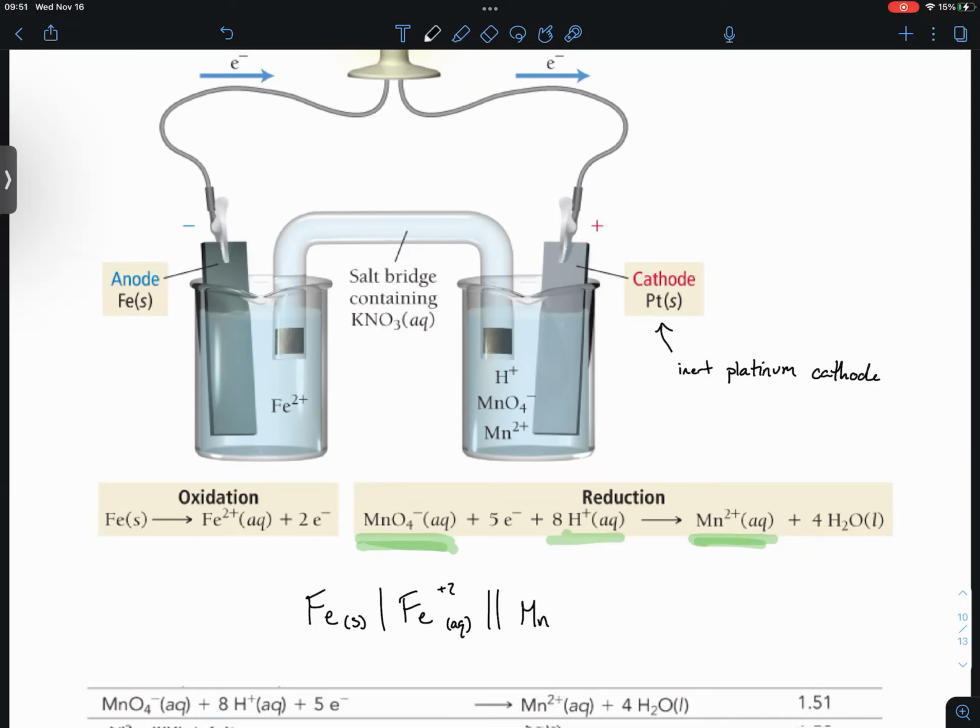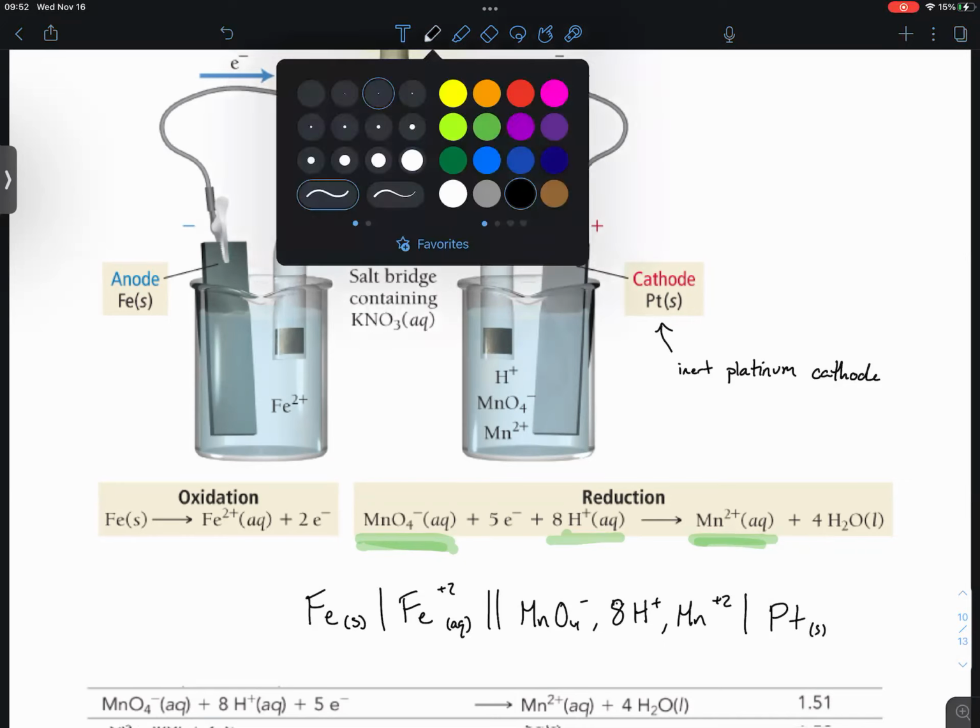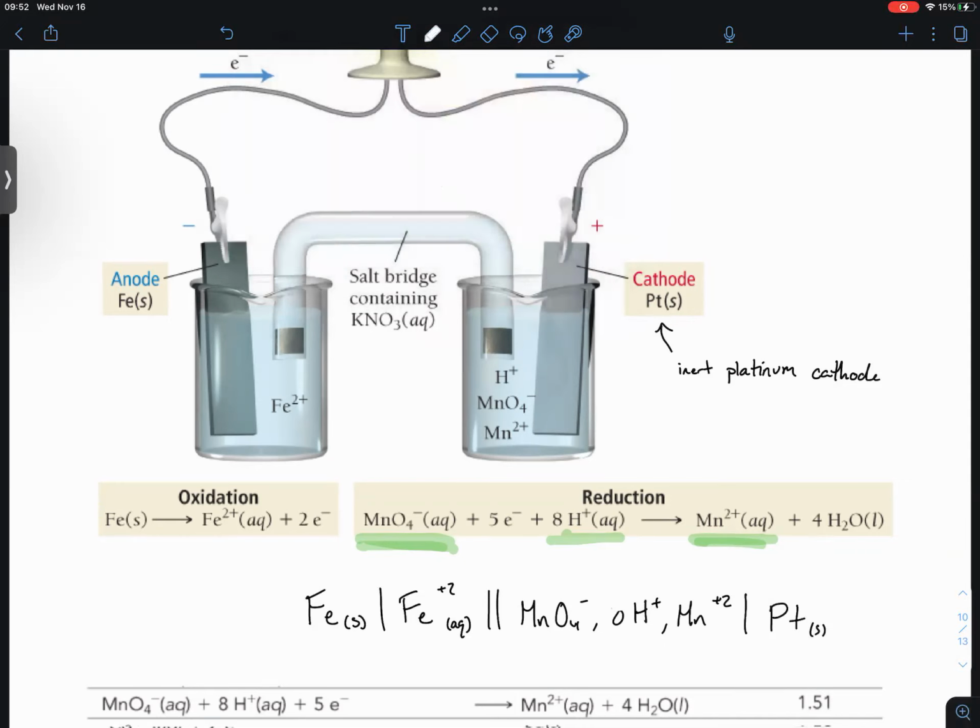So you would list everything in that solution, separated by commas. And then the material that makes up our cathode is that solid platinum. All right. The only thing is I lied. You don't have to worry about the balancing here. So you would just list it as H, you don't have to list it as 8H.